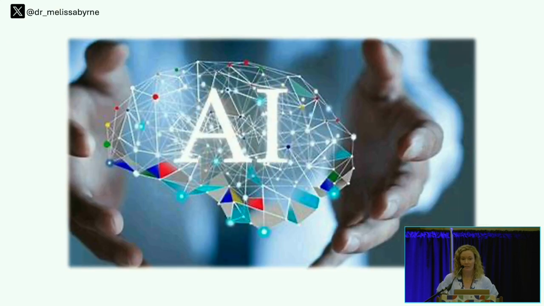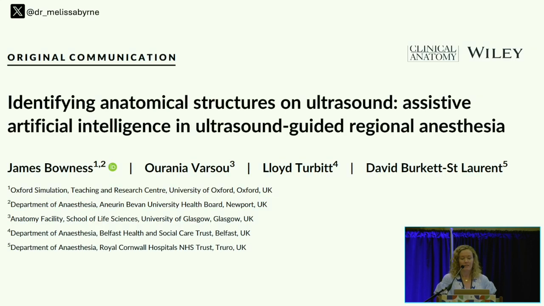And then lastly, let's just touch on AI, again, a whole topic in and of itself. So this is a nice study out of the UK where they looked at assessing the performance of an assistive AI system in aiding the identification of anatomical structures on ultrasound imaging.